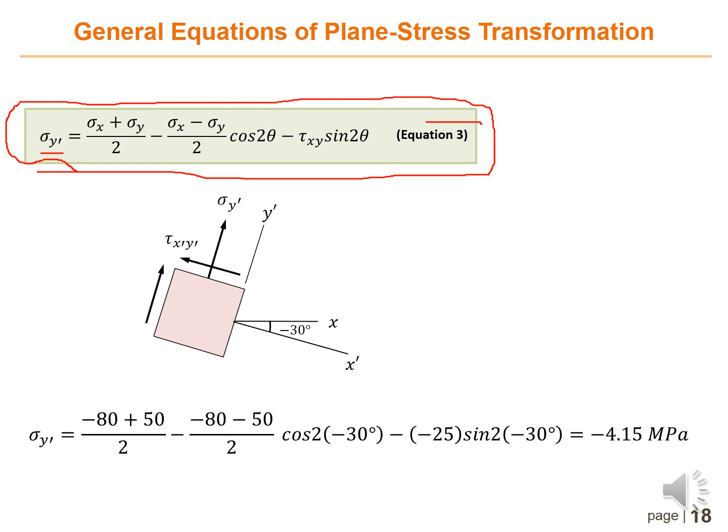Using equation number 3, theta is negative 30 degrees, so you substitute negative 30 here and here, and you will get negative 4.15 megapascal for the normal stress in the y prime axis.